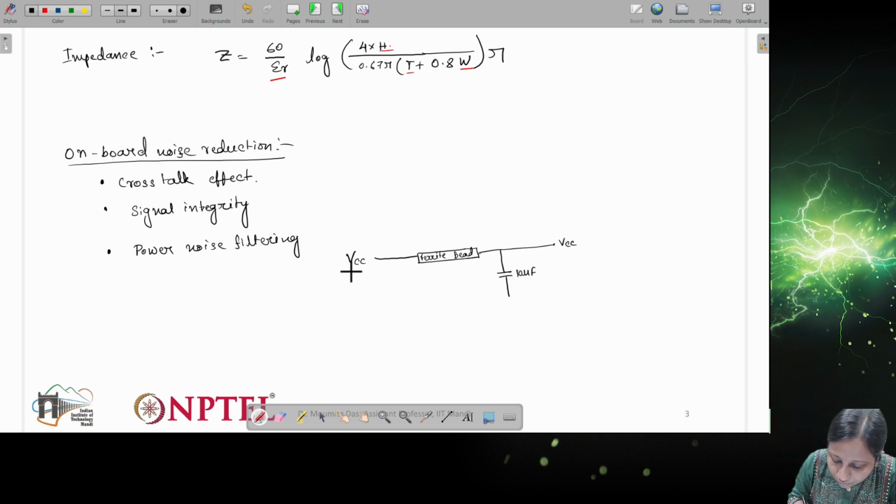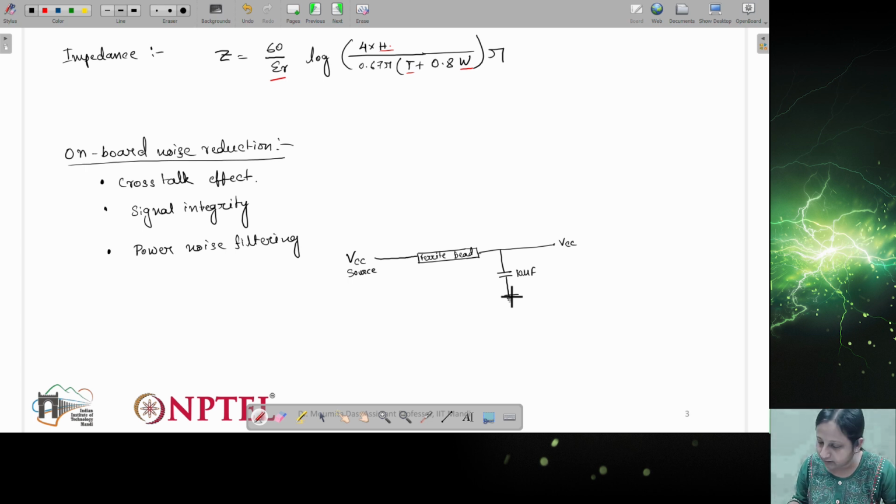The VCC source may be connected a bit away from the PCB board, so this LC type of filter can reduce noise between the source and the point which is connected to the PCB. That is with respect to power noise filtering.